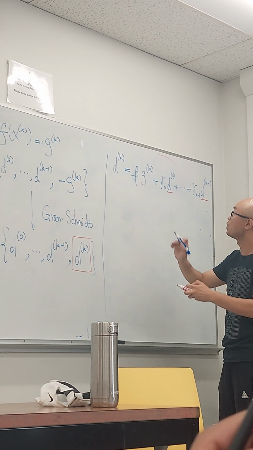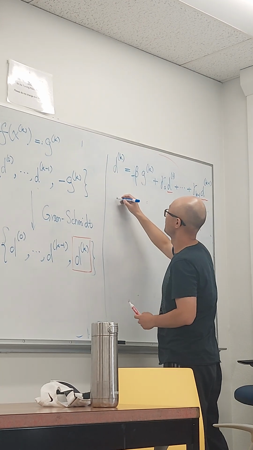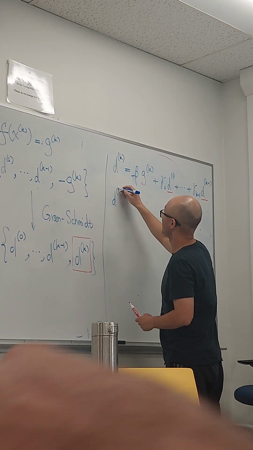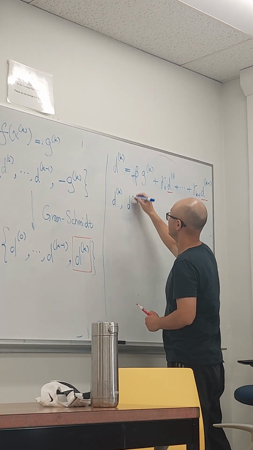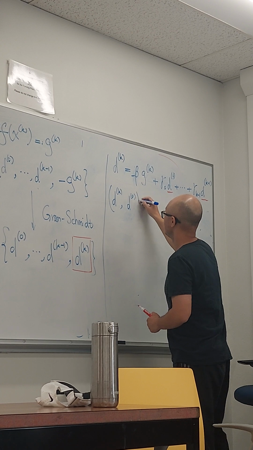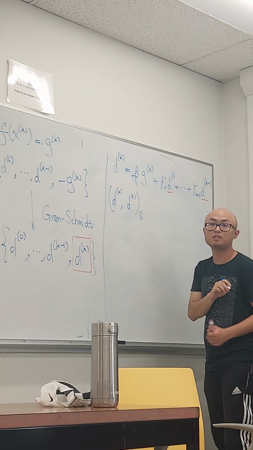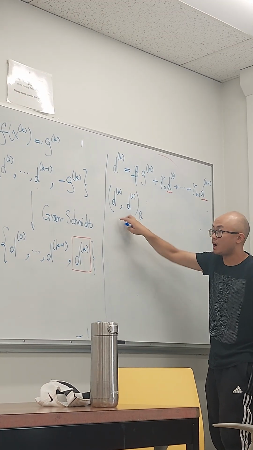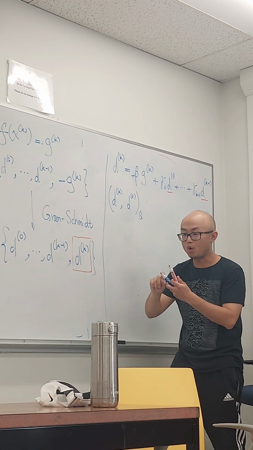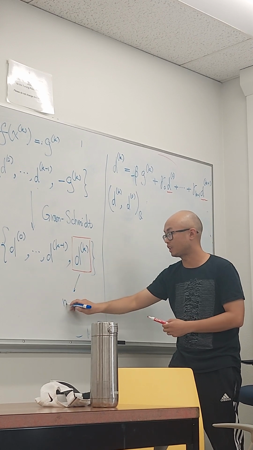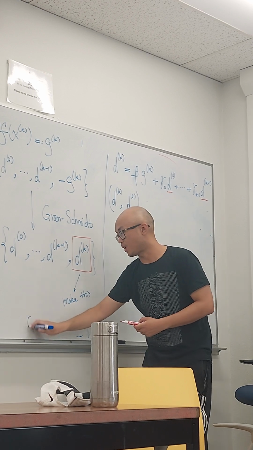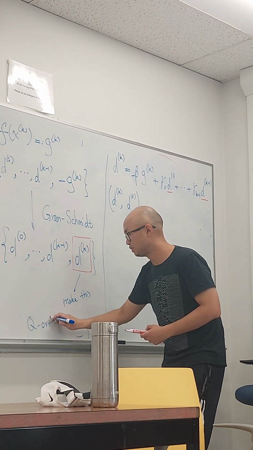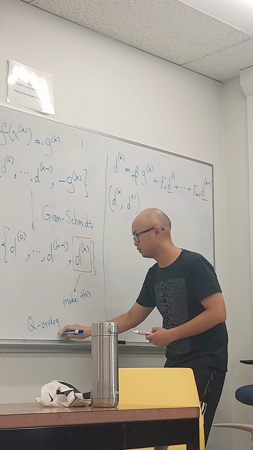Let's see what happens when we place the Q inner product against the first vector. Keep in mind, our goal is to make this vector Q-orthogonal to all previous vectors.